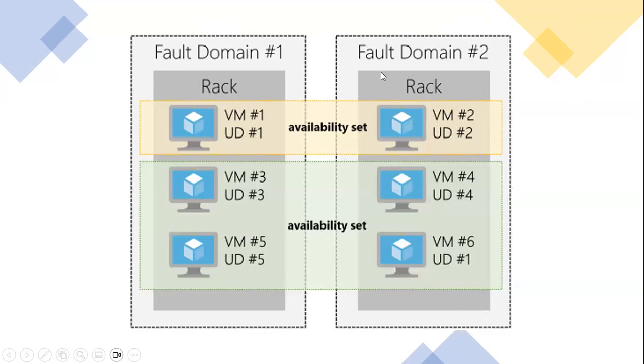So if fault domain 2 goes down with its network, and there is also an update going on in VM1, then still I am having VM3 and VM5, because they fall in update domain 3 and update domain 5. So anyhow I am having high availability. So that is called an availability set.